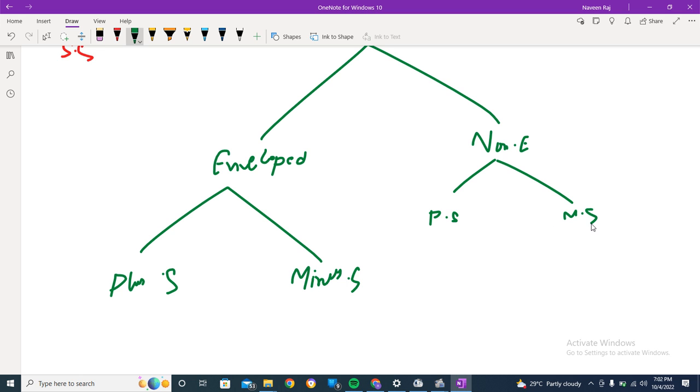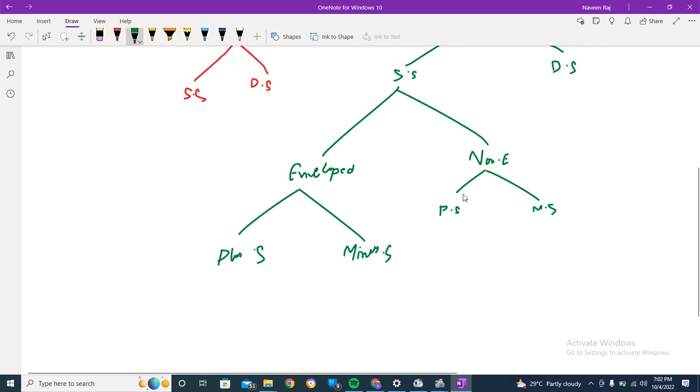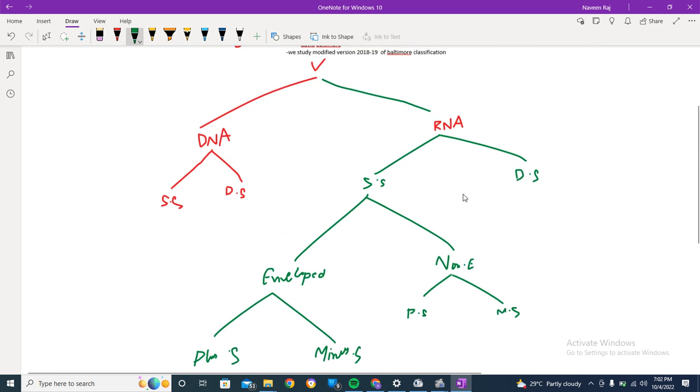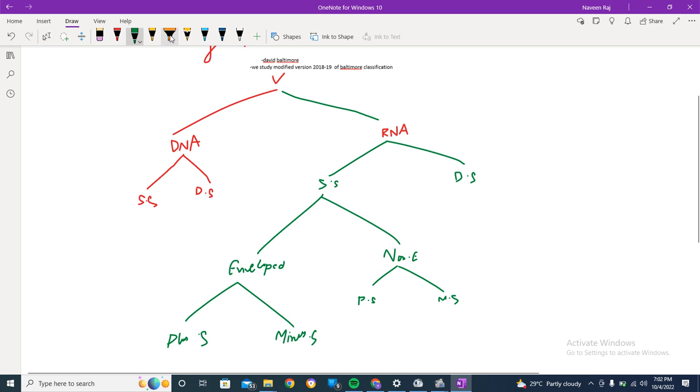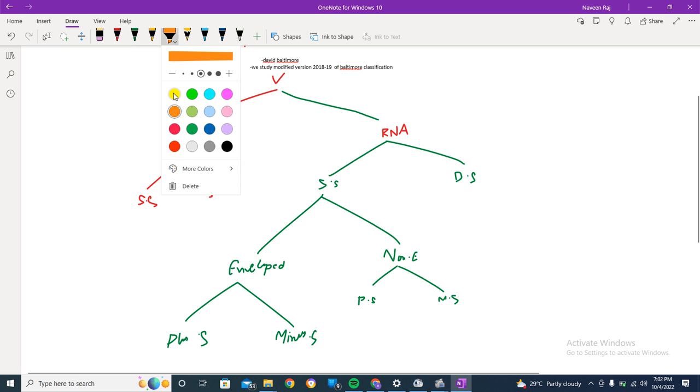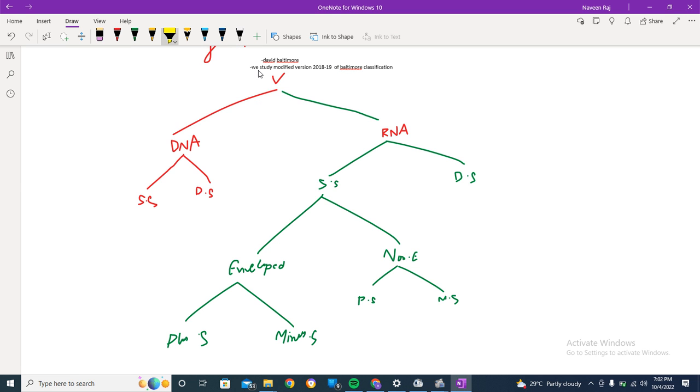So this is the overview of the basic classification of viruses. We have virus, then the DNA classification and RNA classification. DNA is simple, single strand and double strand, with no further classification at our level yet. In RNA, double strand also has no further classification, but single strand does.